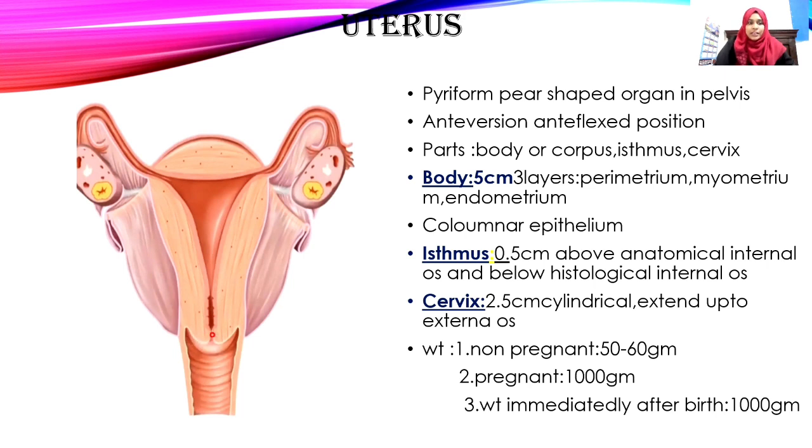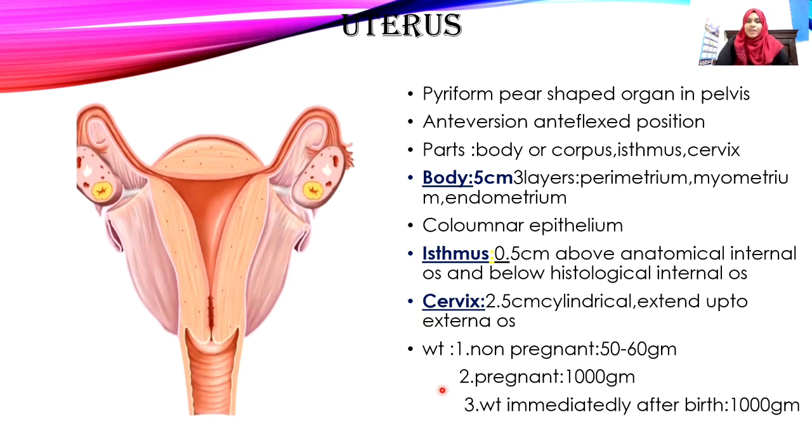The endocervix is lined by columnar epithelium and the ectocervix is lined by stratified squamous epithelium, and the junction between the squamous and the columnar epithelium is the most common site for CA cervix. Okay, so these are the important points for the uterus.